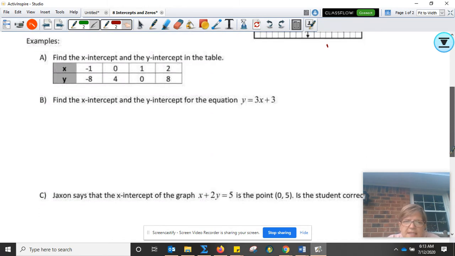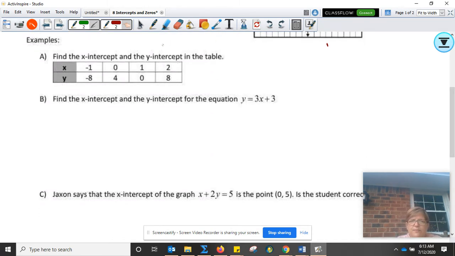Find the x-intercept and the y-intercept in the table. So your x-intercept. Remember, for your x-intercept, your y equals 0. So I'm going to go down here. Y is 0 right here. So your x-intercept would be (1, 0).